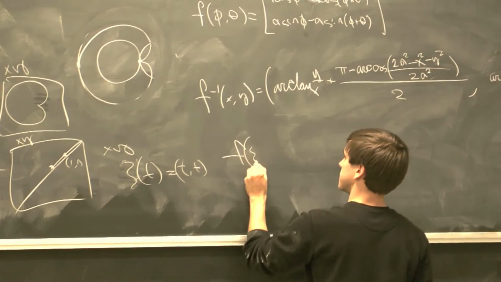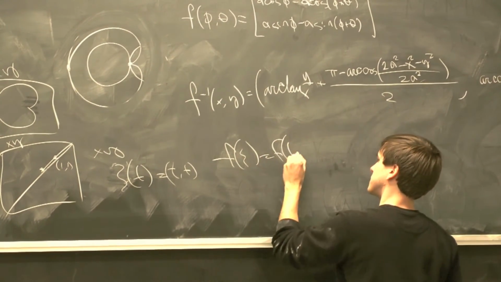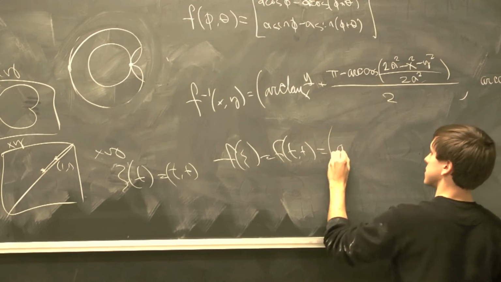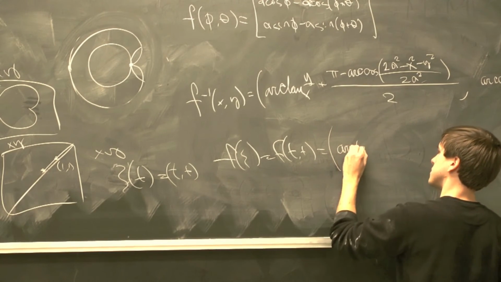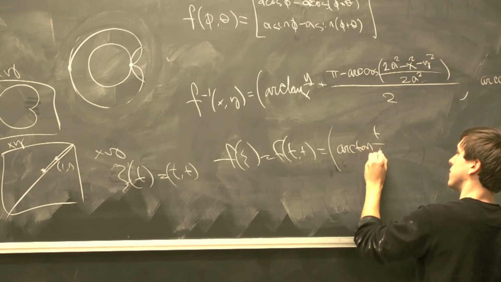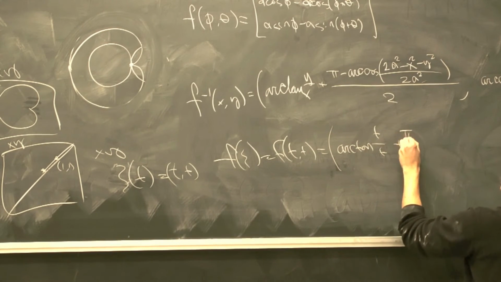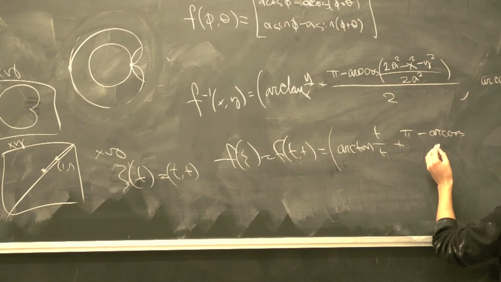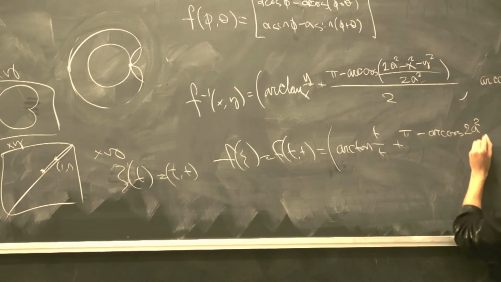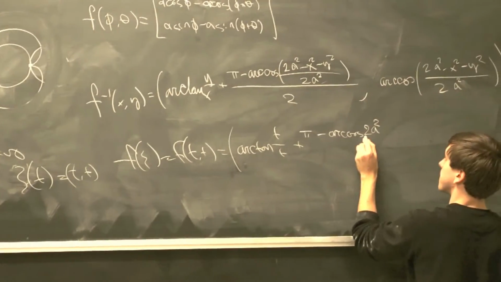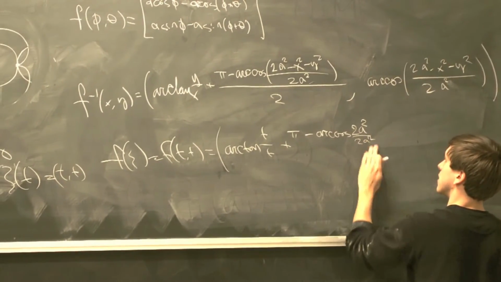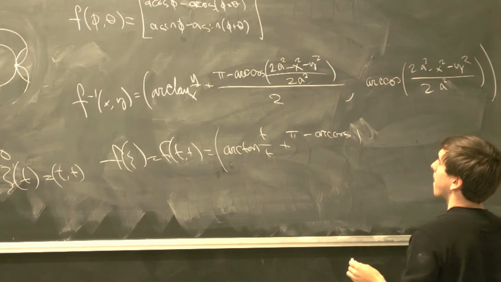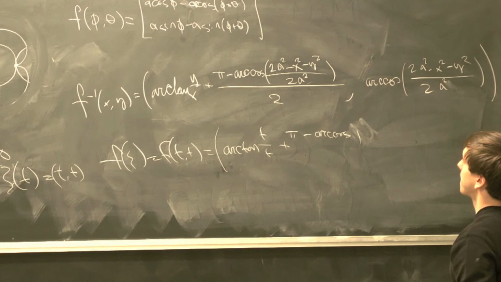So f of squiggle equals f of t equals, so let's see, arc tangent of t over t plus pi minus arc cosine of 2a squared over 2a squared, so this goes to 1. No, it's 2a squared minus 2t squared. Yeah.